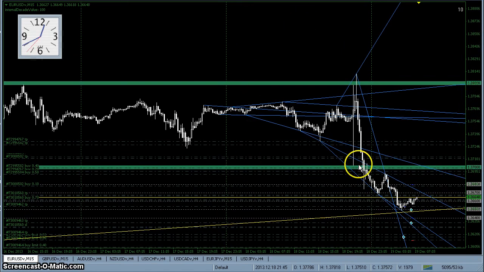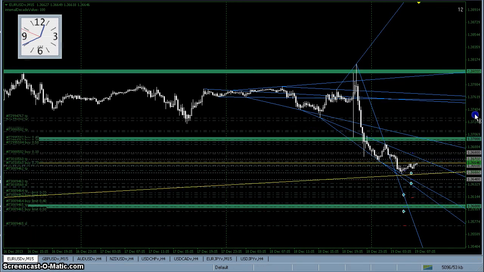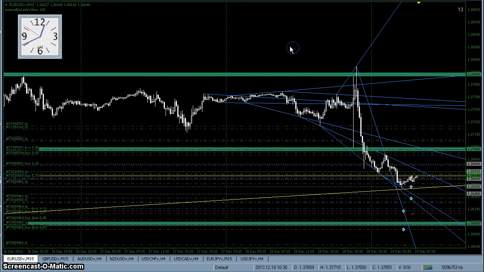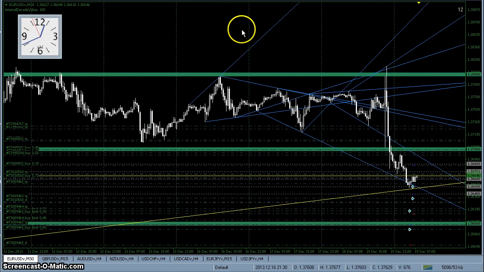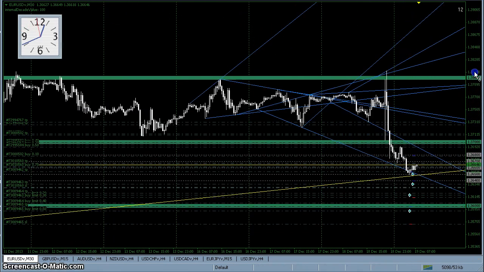Yeah, this is a trade where it's your first day trading, and you bought a standard lot, so you put a 100 pip stop on that. That was a rough day. Yeah, that would be a rough day.